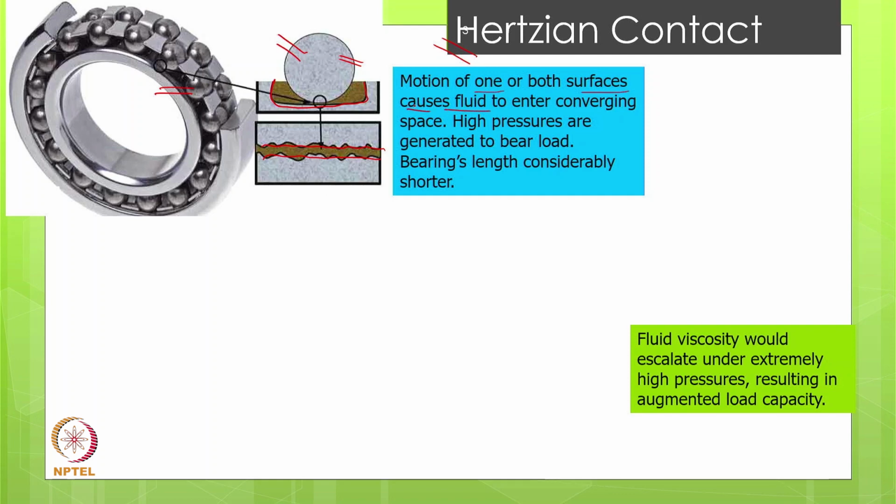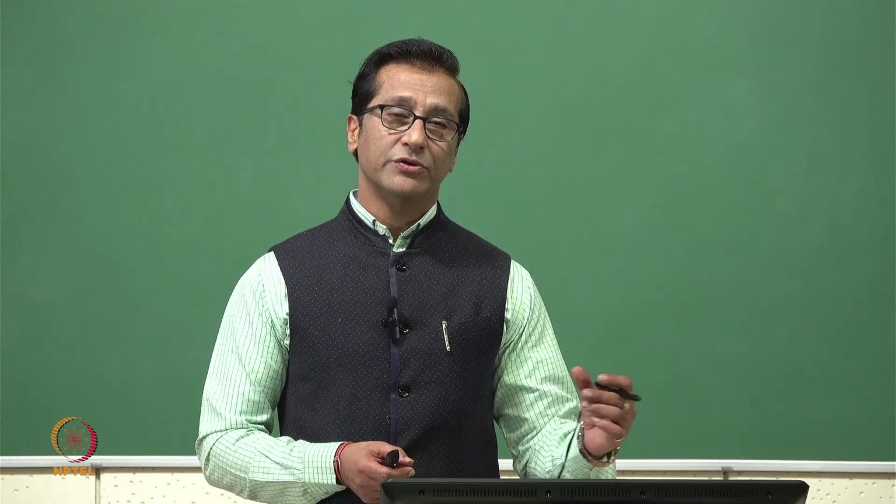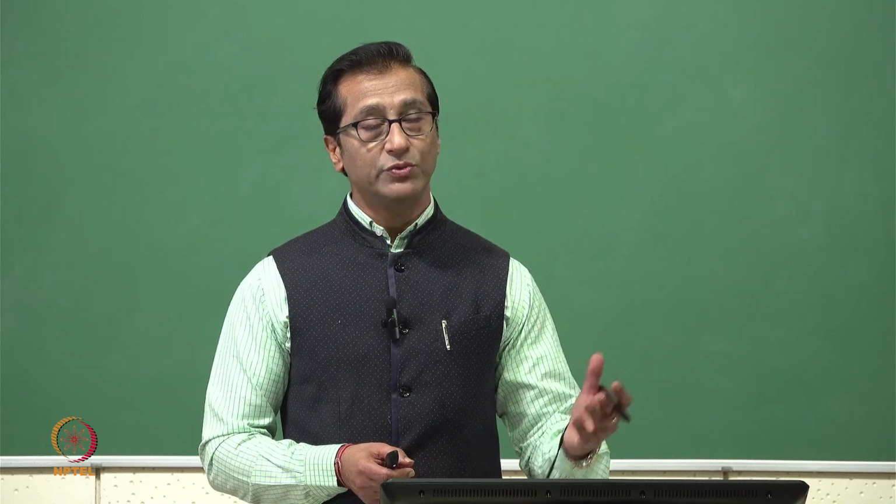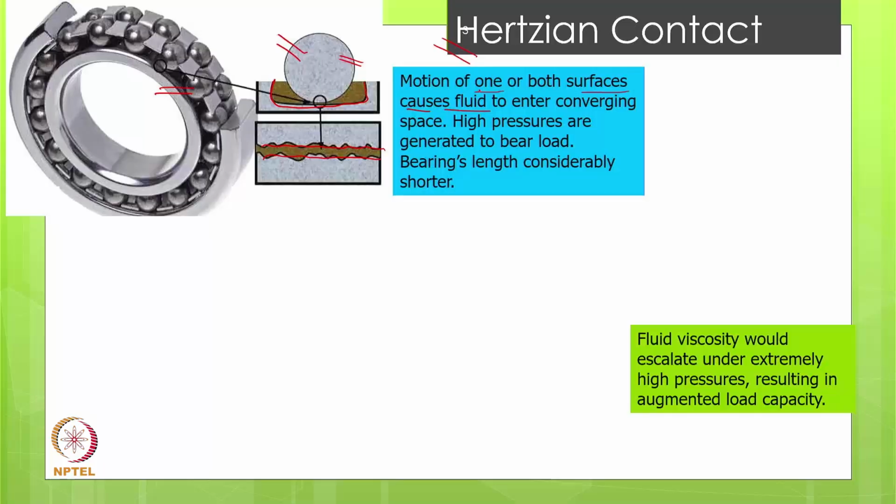In this case we can assume both, but as an equivalent surface also, like v1 minus v2, or if they are rotating in opposite directions, it will be v1 plus v2. So motion of one or both the surfaces causes fluid to enter a converging zone. So this is a converging zone. If it is rotating in this direction, it causes the lubricant to get into the converging space, and because the contact patch is very small, that is where the high pressure is generated.